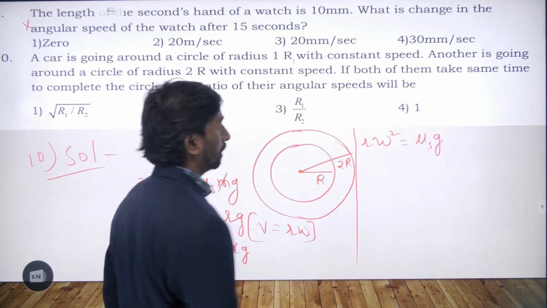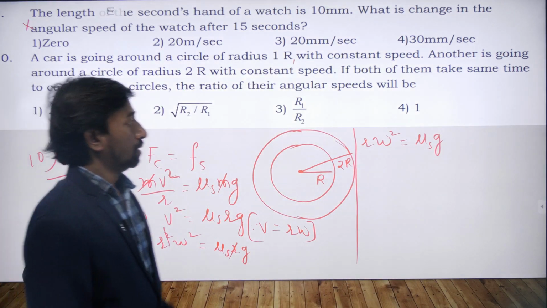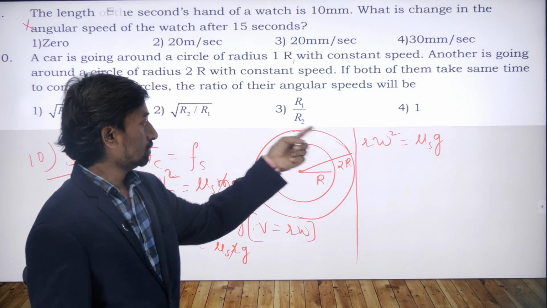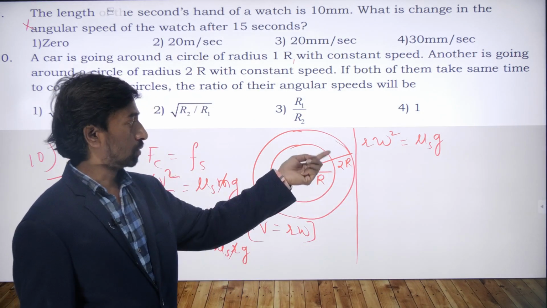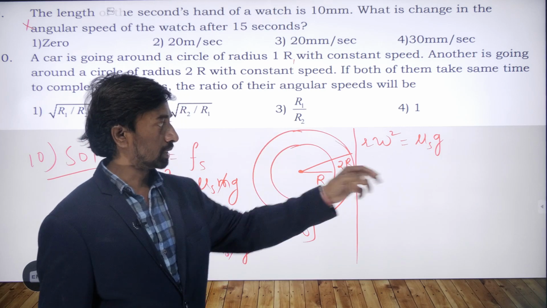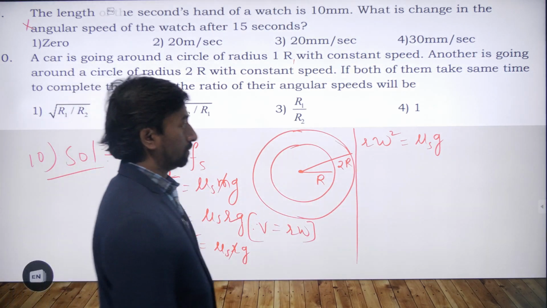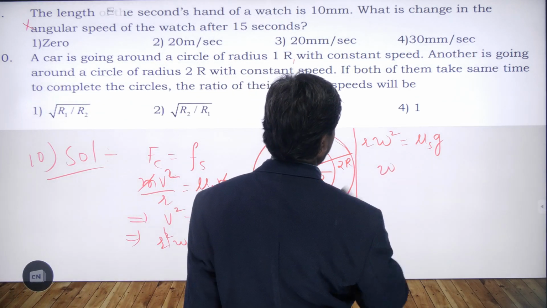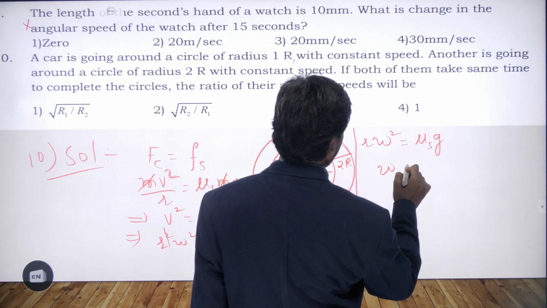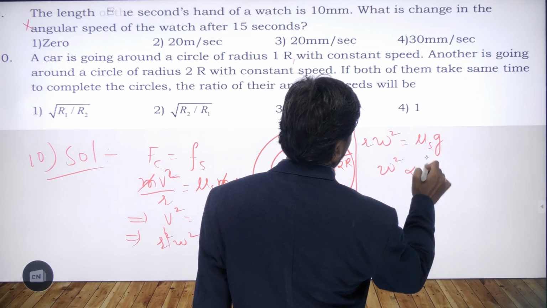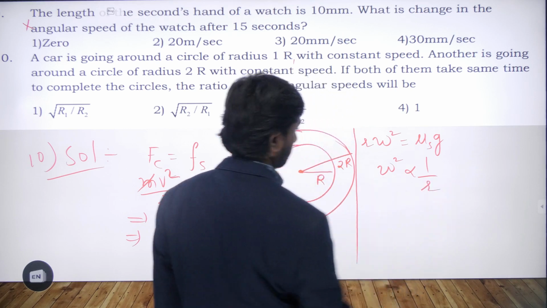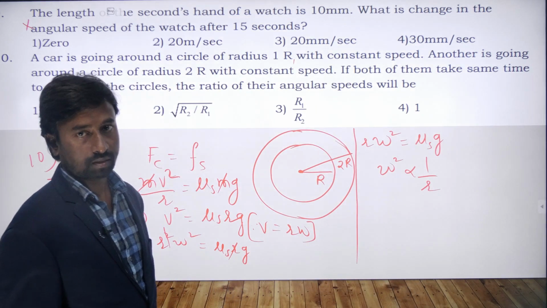Mu s, the frictional coefficient of the circular track, is constant, and g is constant. So the angular speed is inversely proportional to the radius, or the radius is inversely proportional to omega square.